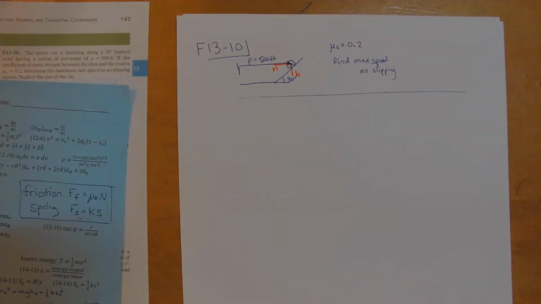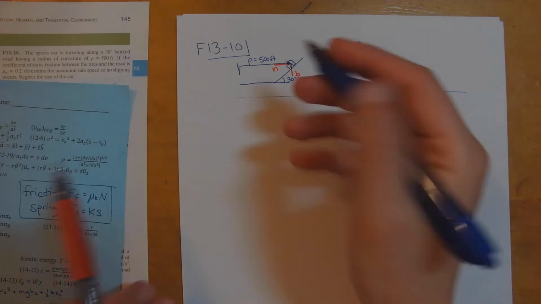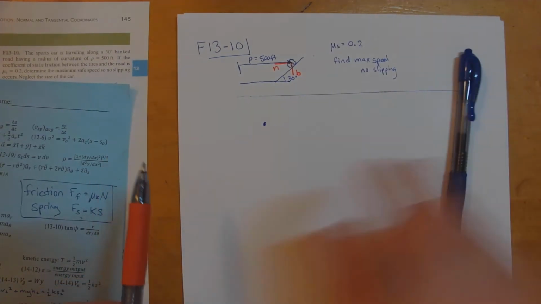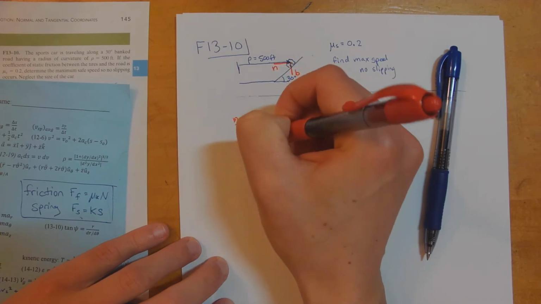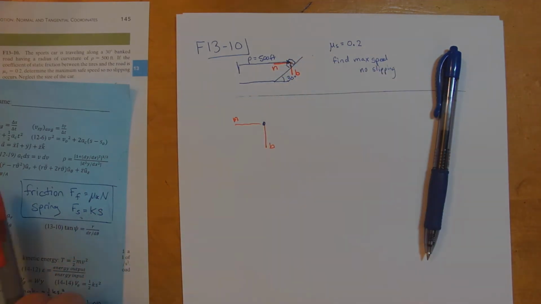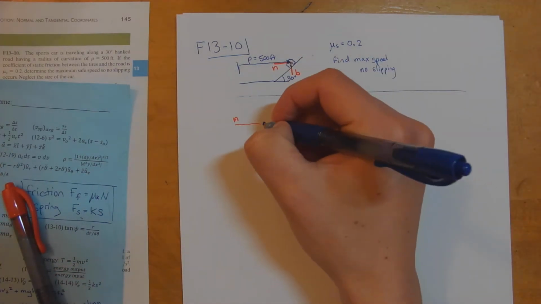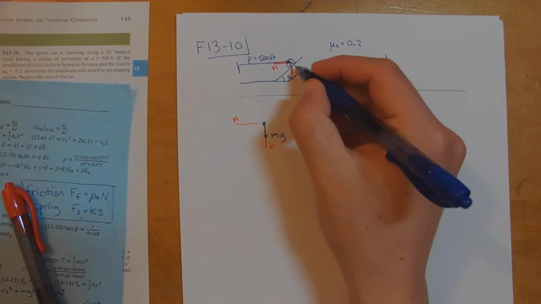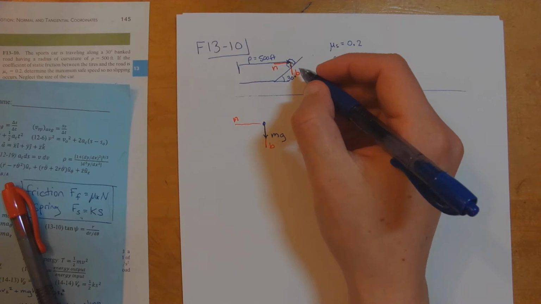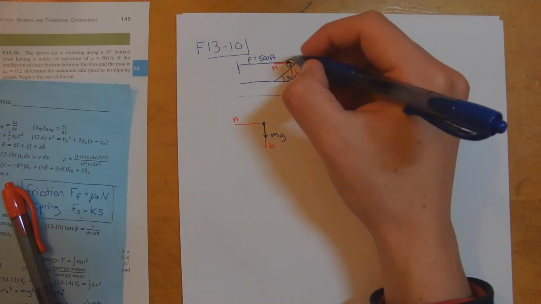So here we have the car, and we have the normal direction, and we have the binormal direction. I know I have a force of gravity acting downwards. Let's just call this m times g. I have a normal force, which is coming from the surface, exerting a force on the car.